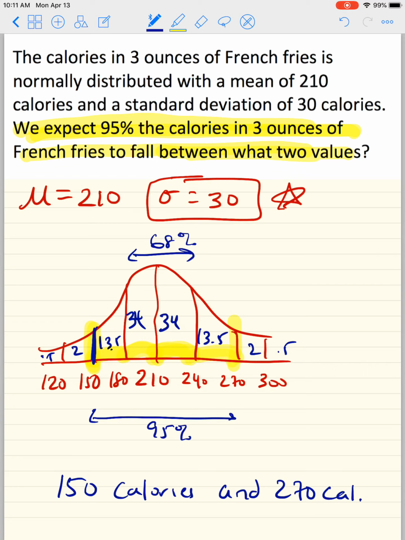Because this part here to this part here, if you add it, remember 95% means two standard deviations, okay? Within one standard deviation is 68%. So I hope that makes sense. You have to get 95% between here. So that's what we do in this problem.